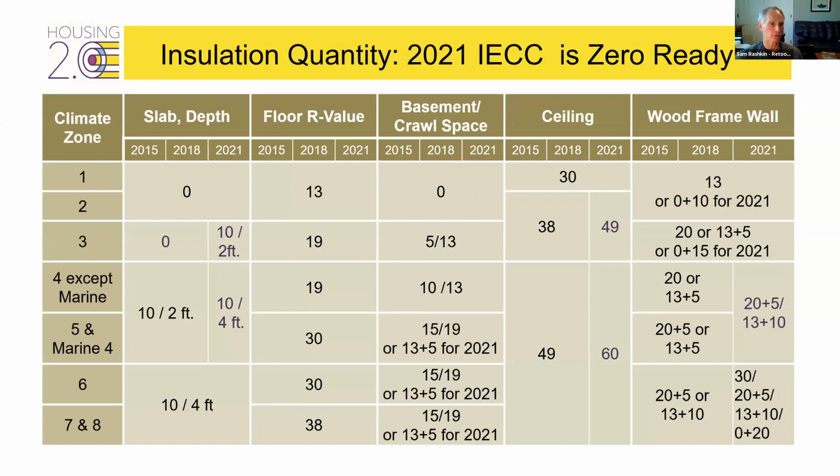And the key things between all these different levels I show for 2015, 2018, and 2021 code requirements for the different components of a home, I want to show you why 2021 is such a great zero carbon code. First, for slab depth, it finally is introducing slab edge insulation, at least prescriptively as a requirement in climate zone 3.